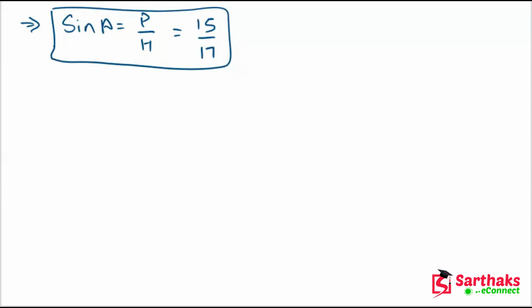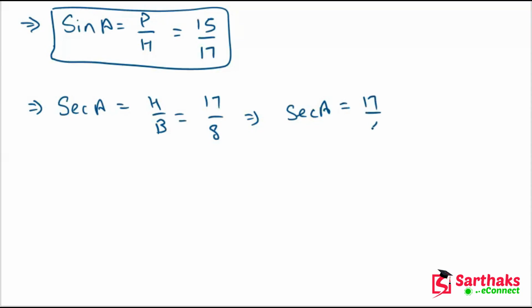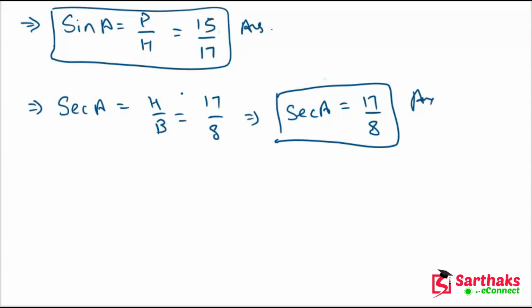Now we want sec A. Sec A is hypotenuse upon base. Hypotenuse is 17 and base is 8. So we have sec A is 17 upon 8. These are the answers of this question. I hope you understand this point.